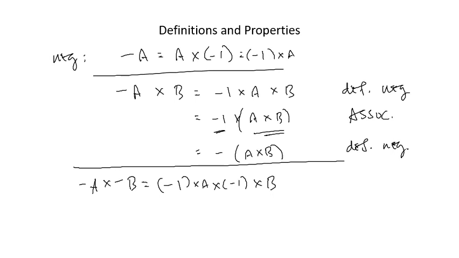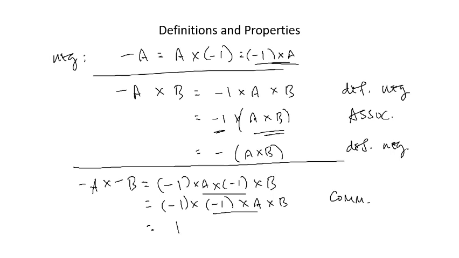It doesn't really make a difference, but to be consistent with what we have here, we can focus on this definition. So now we've got negative 1 times negative 1 times a times b. I'm using commutativity here to switch that a and that negative 1 around. And now negative 1 times negative 1 we know is just positive 1.